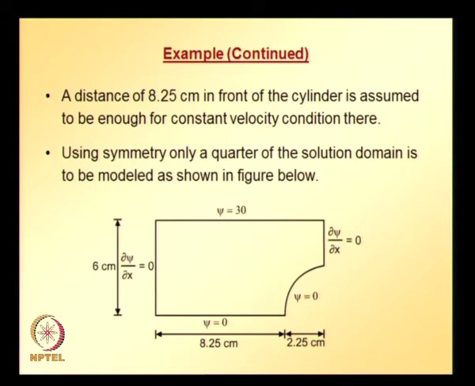Similarly, on the edge coinciding with the cylinder, psi is equal to 0, and psi is equal to 30, and that is coming from the flow rate which we just calculated. So, this is a quarter model of the solution domain.